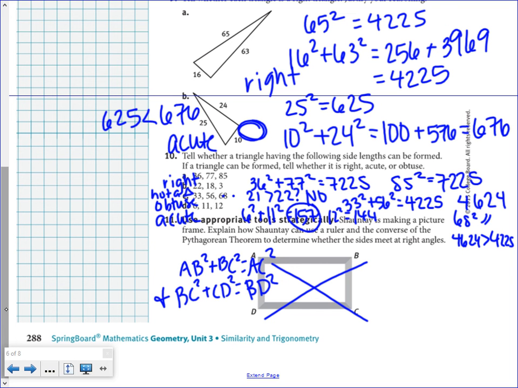So hopefully that helps you with understanding how to use the converse of the Pythagorean theorem.